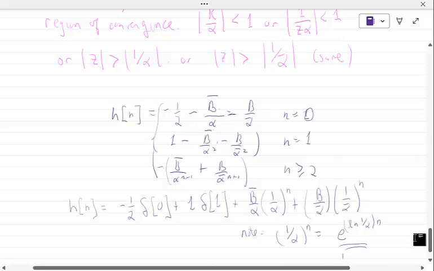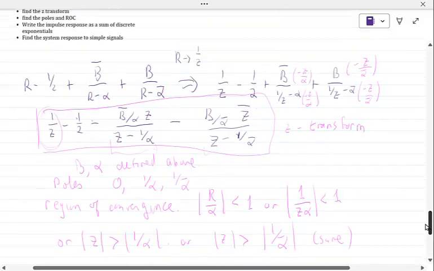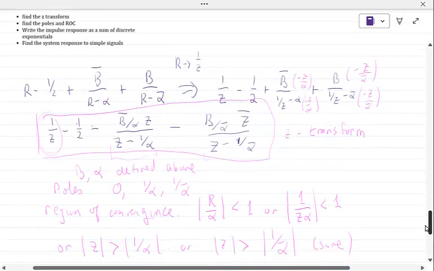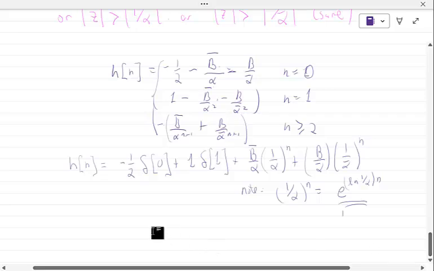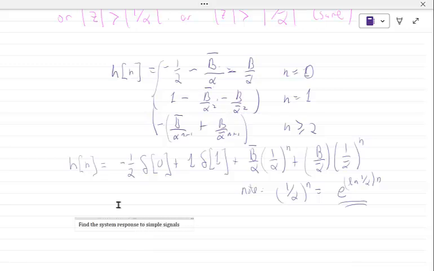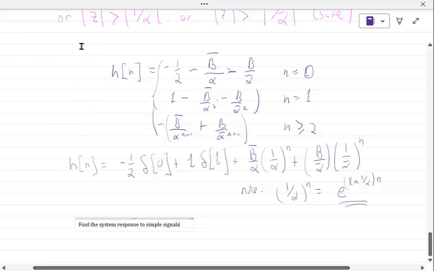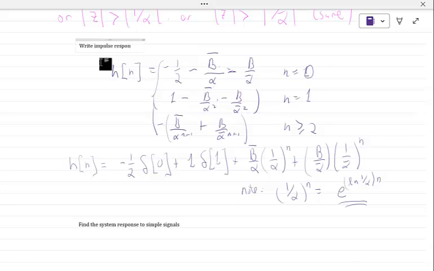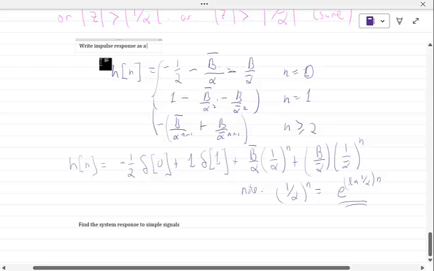Okay, the last item on the list is find the system response to simple signals. So that's what we want to do now. This here was simply to write the system response, write the impulse response as a sum of exponentials, because you can always do it this way.